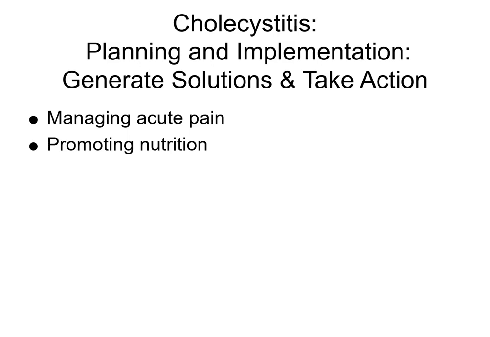So how do we promote nutrition for the patient with gallbladder disease? What kind of food are they going to avoid? Avoid high fatty foods. Do you know some examples of high fatty foods? Fried chicken, and hamburgers and things like that.